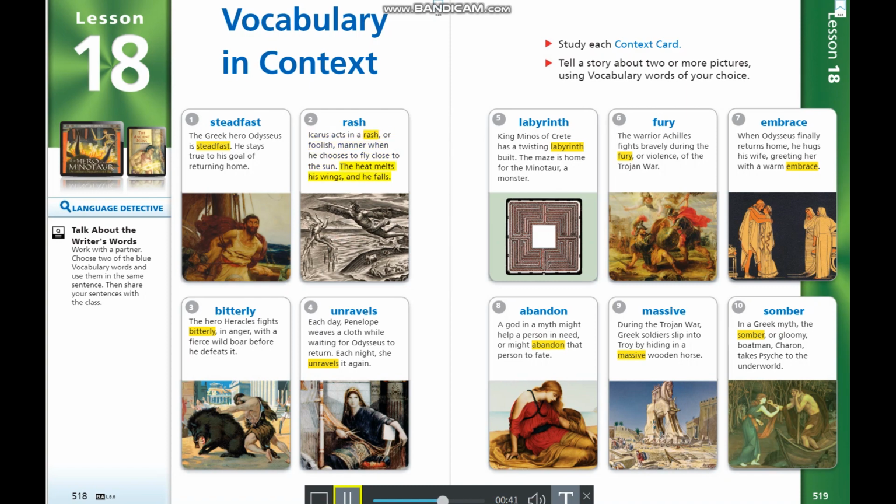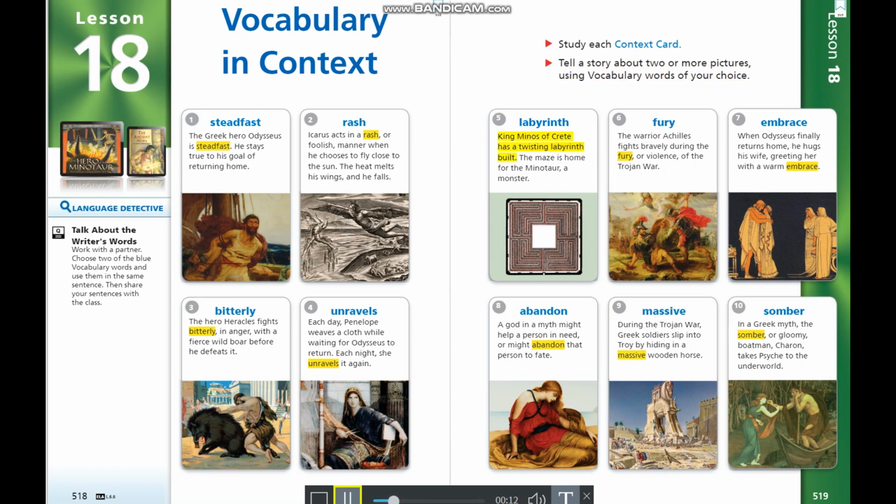The heat melts his wings and he falls. 3. Bitterly. The hero Heracles fights bitterly, in anger, with a fierce wild boar before he defeats it. 4. Unravels. Each day, Penelope weaves a cloth while waiting for Odysseus to return. Each night, she unravels it again. Study each context card. Tell a story about 2 or more pictures using vocabulary words of your choice.